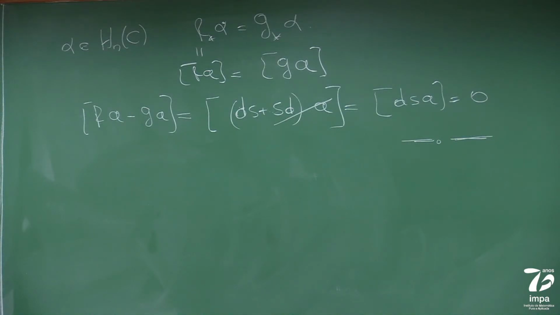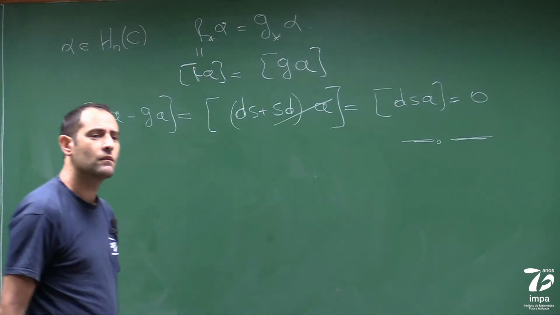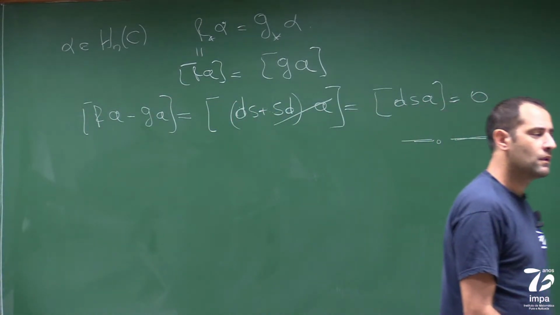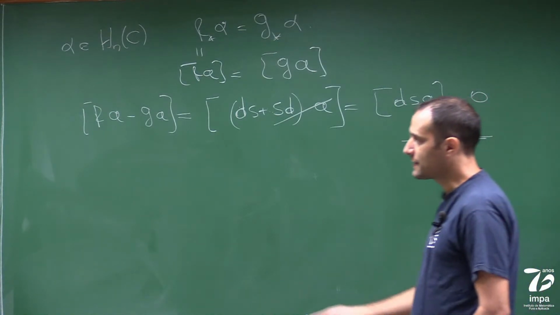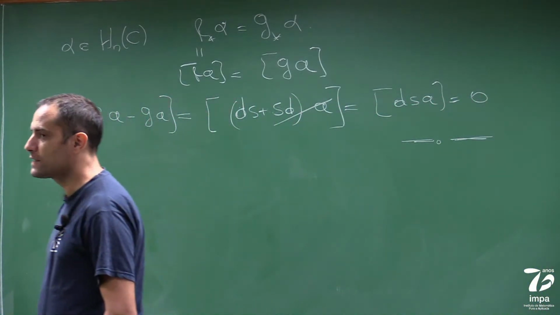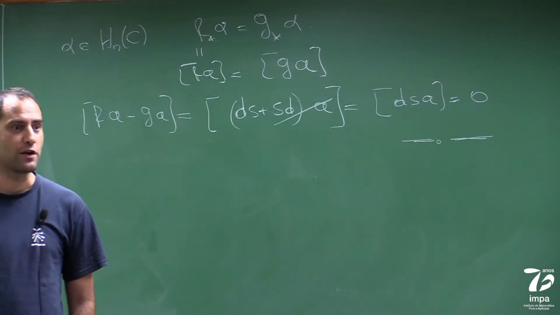Yes? No. Oh, that's a very good question. So, no. If you have two maps of complexes that induce the same map in homology, it's not necessarily true that there exists a chain homotopy between one and the other.